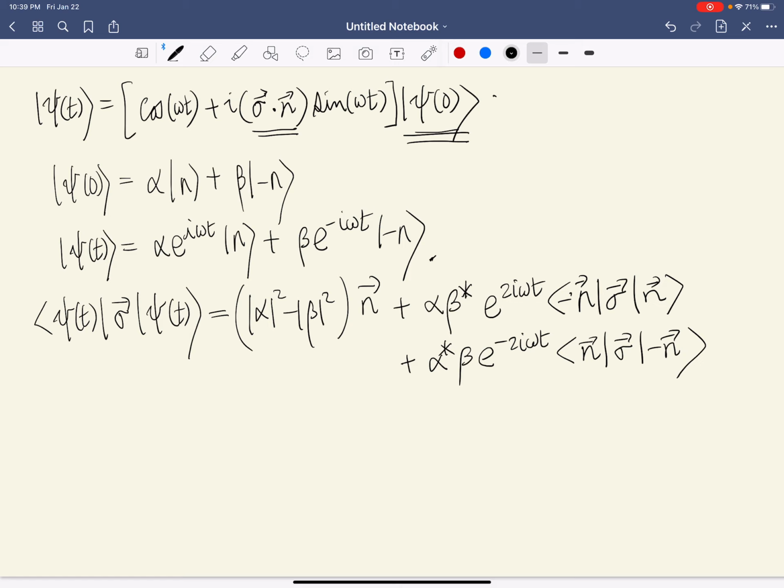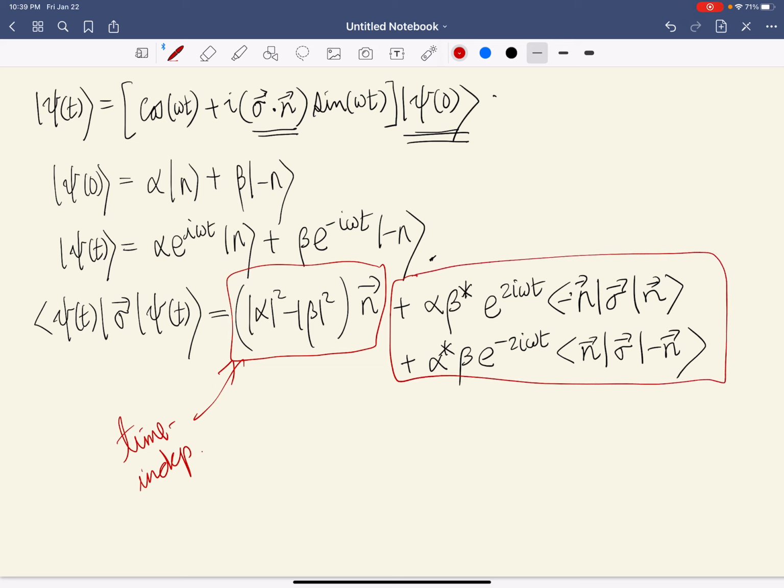Okay. So again, we have some component which is time independent, so nothing changes over time. But now, finally, we're starting to see some time dependent stuff. Okay, so how do we work this out?